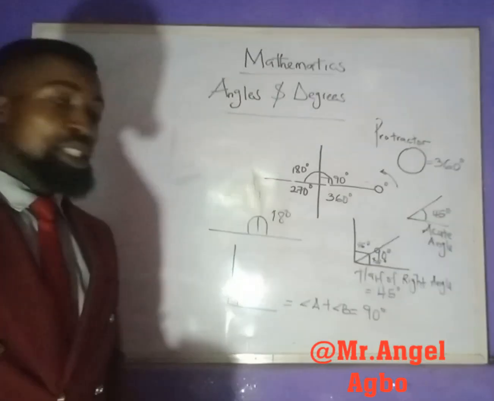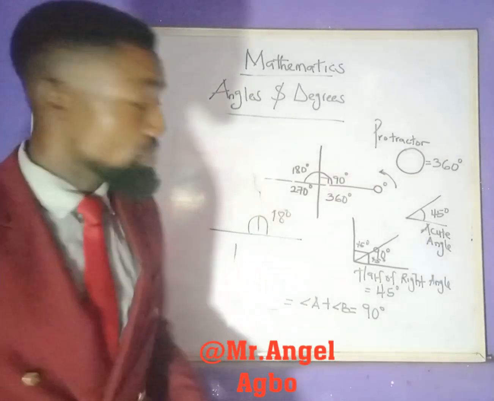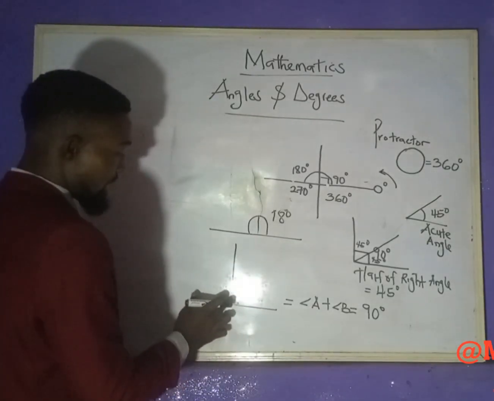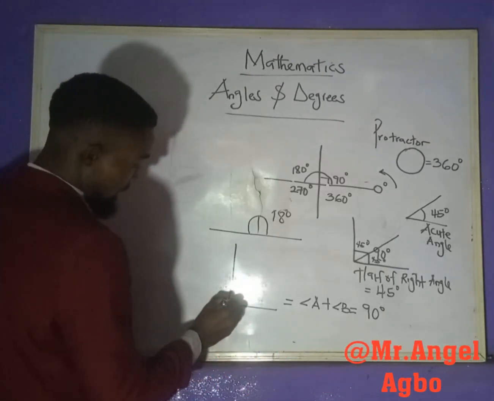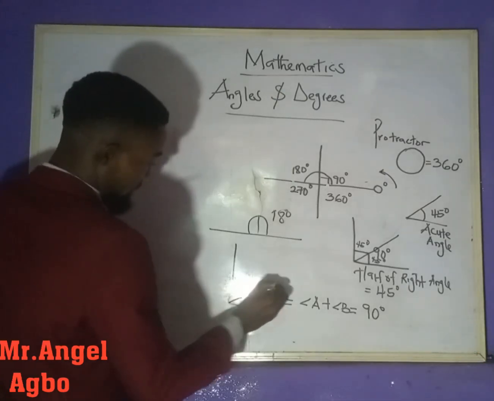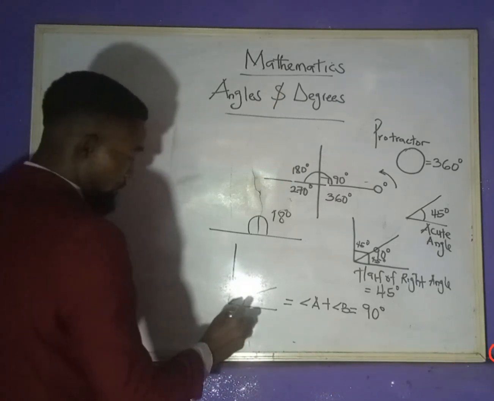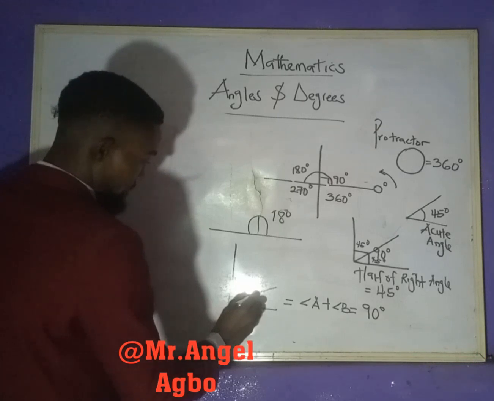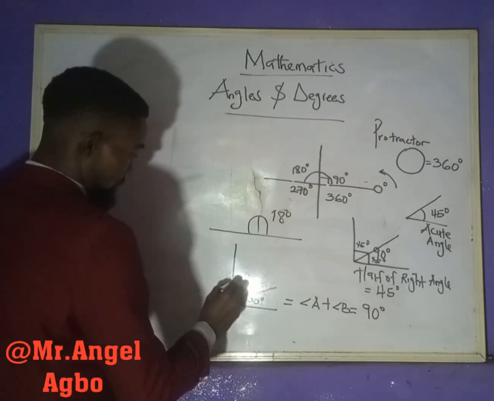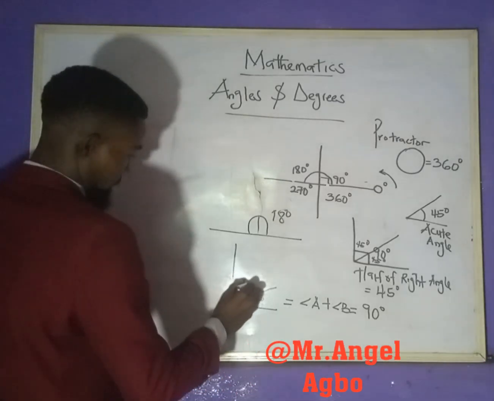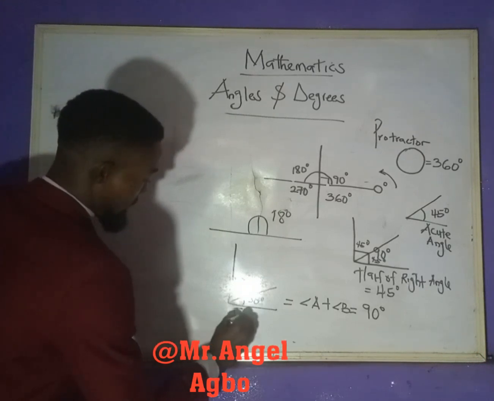In case A is missing, you can easily find A. In case B is missing, you can easily find B. For instance, if I decide to divide this right angle, and say we have an angle this way, I give this angle a figure of 30 degree, and I put this one as X. Are you getting me? Now, you are asked to find X.